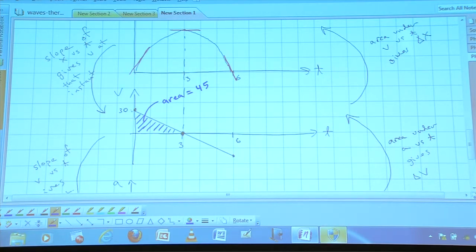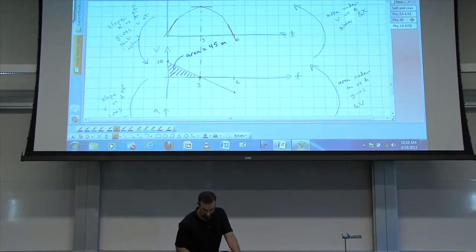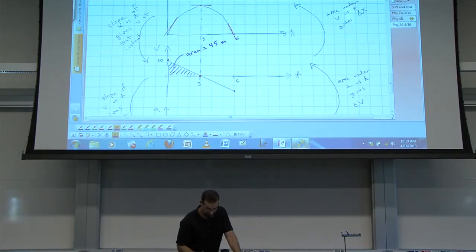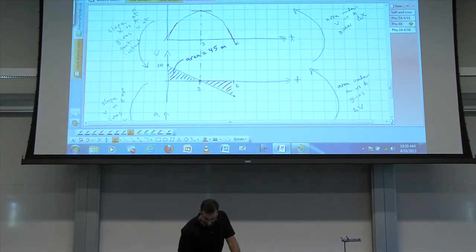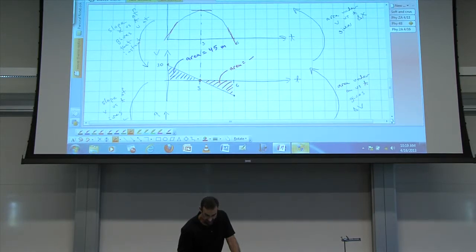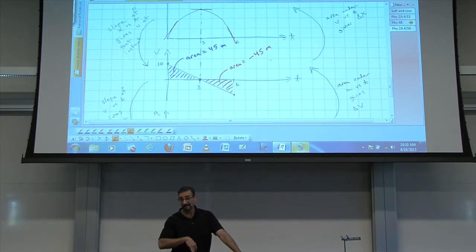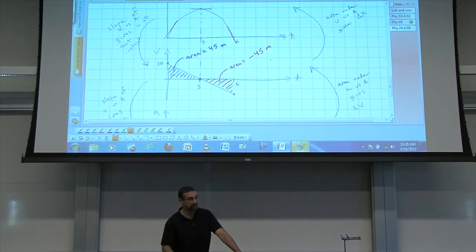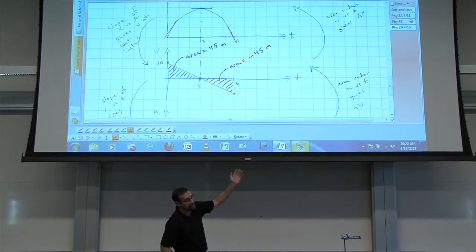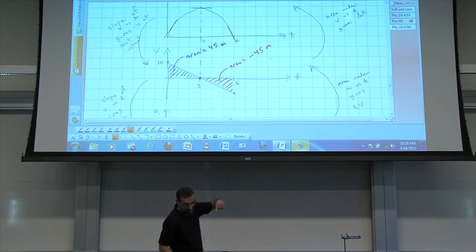That's meters per second multiplied by seconds. So that's meters. What do we get for the area from 3 to 6? Negative 45, because that's below the x-axis. The t-axis, I guess I should say, right? Below the time axis, the horizontal axis. If it's below the horizontal axis, it's negative area.